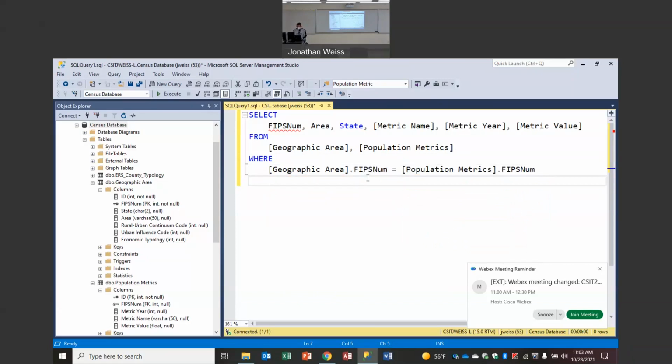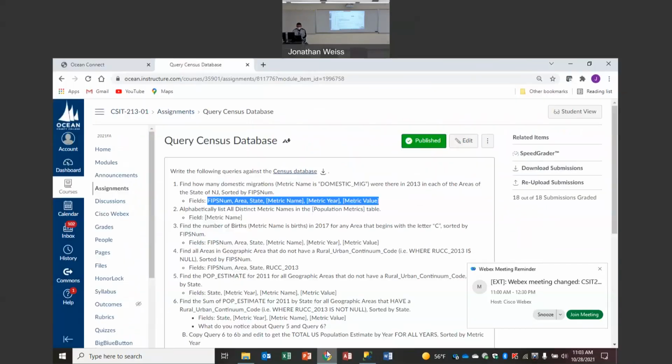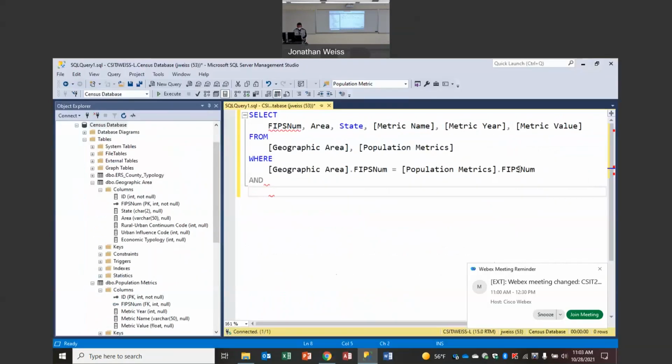And then we need our select predicates. If we look at the assignment, it says the metric year should be 2013, and we're looking at the state of New Jersey. Okay.